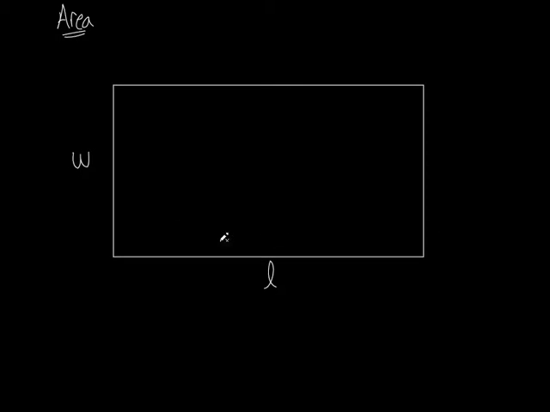Take the length, this one, and then do what to it? Multiply it by the width, right? So we learned a long time ago that area is length times width. Is that familiar to you? Should be. If your teachers did their job, you should be kind of familiar with area is length times width. But what I'm going to do, oops, I'm going to change the wording of that.